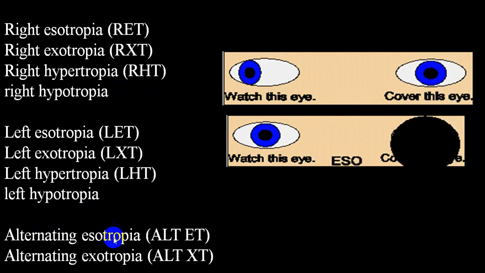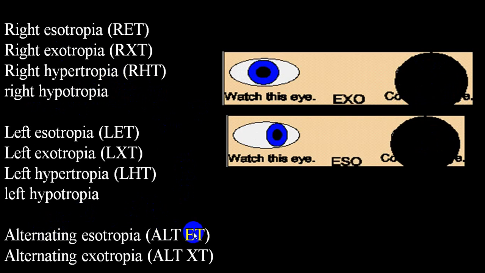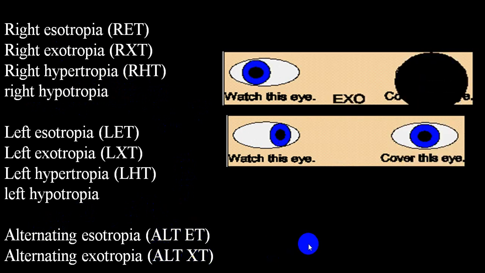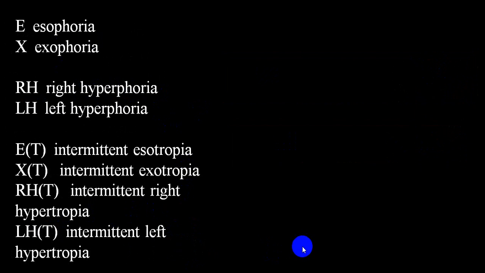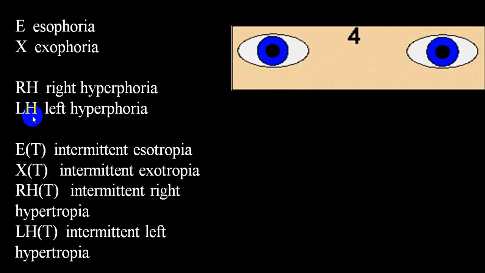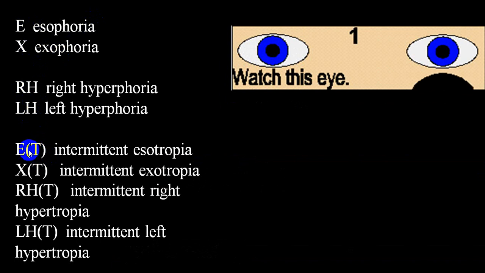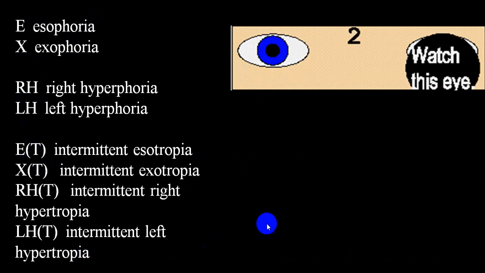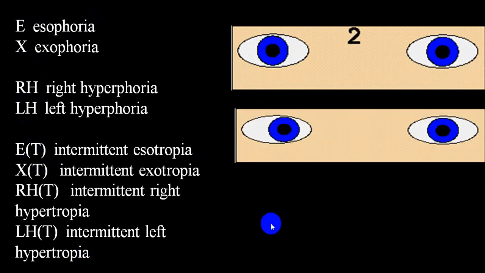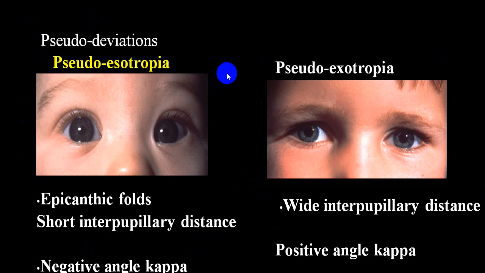And if it is alternating, then alternating esotropia is ET, alternating exotropia is XT. So for esophoria E, for exo X, right eye, left eye, hypertropia, hyperphoria, then intermittent. These are the terms. Forget about that. Better to mention the full words.